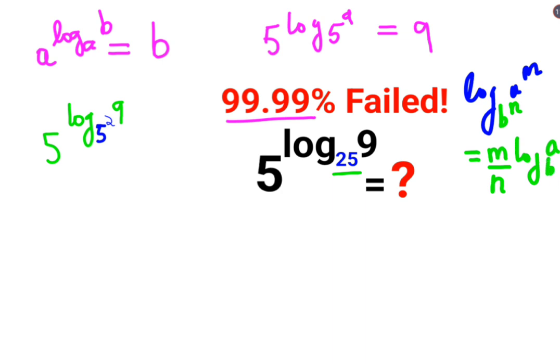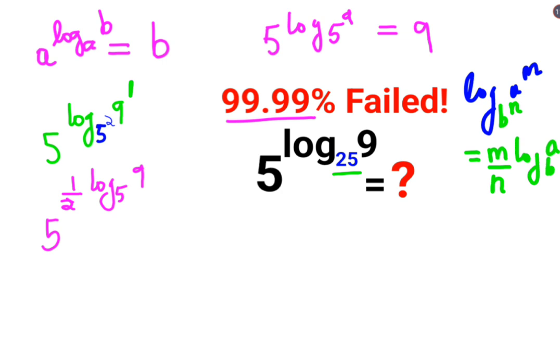So here, since the index for 9 is 1, what we will do is 5 will remain as it is, raised to 1 upon 2, and then we have log of 9 to the base 5.